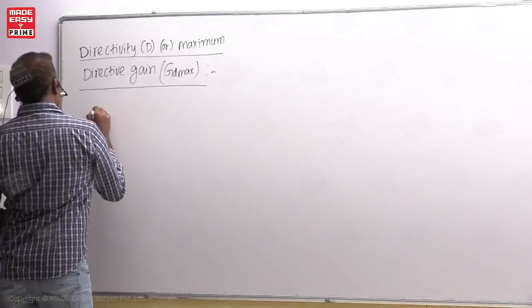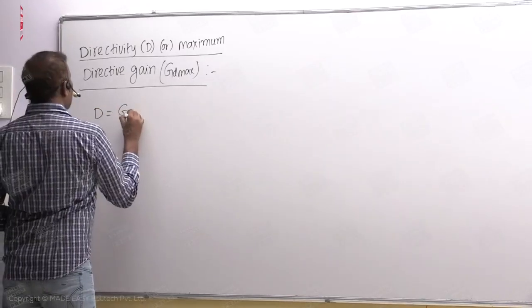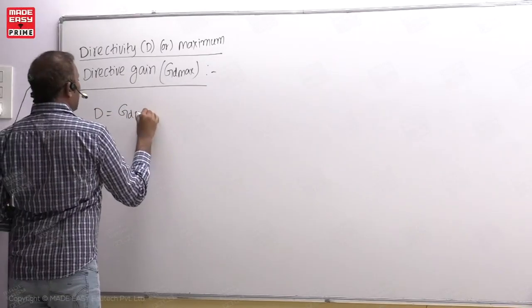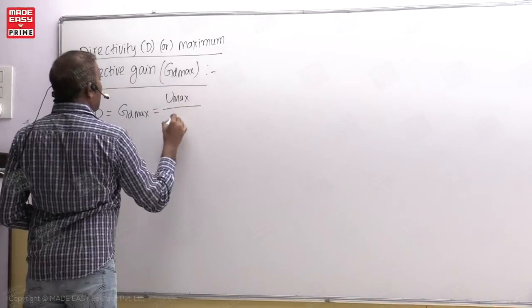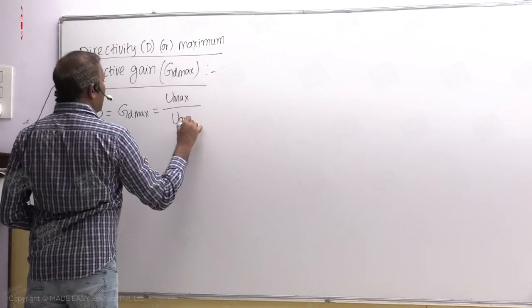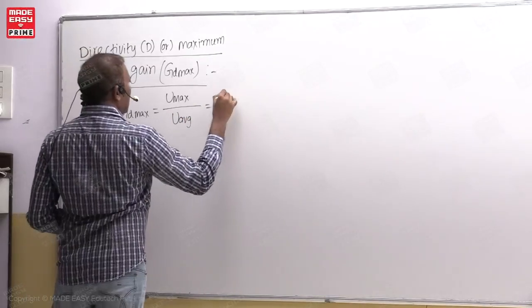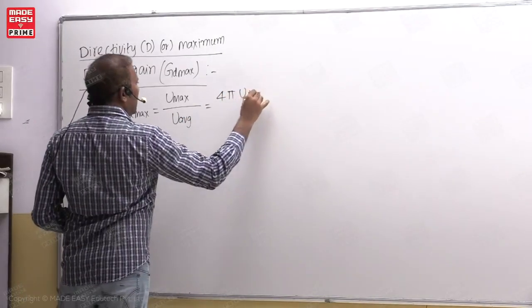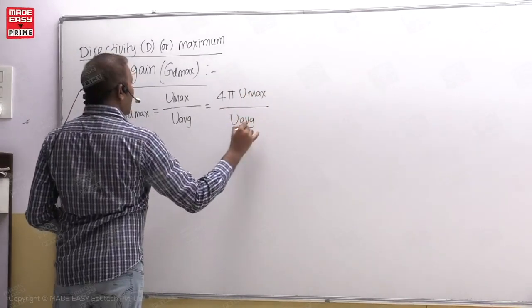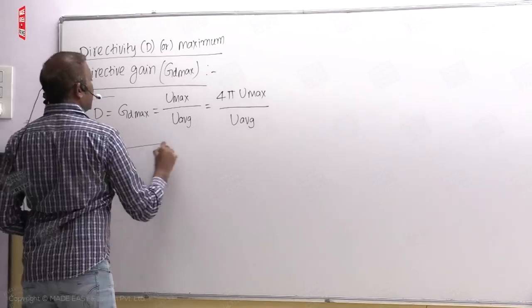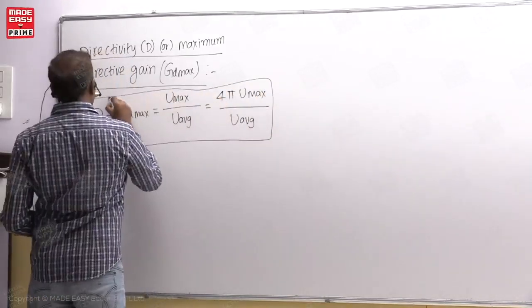So directivity is equal to G_D max, defined as maximum radiation intensity divided by average radiation intensity, that is equal to 4 pi into U maximum divided by U average value. It is defined like this. This is a definition.